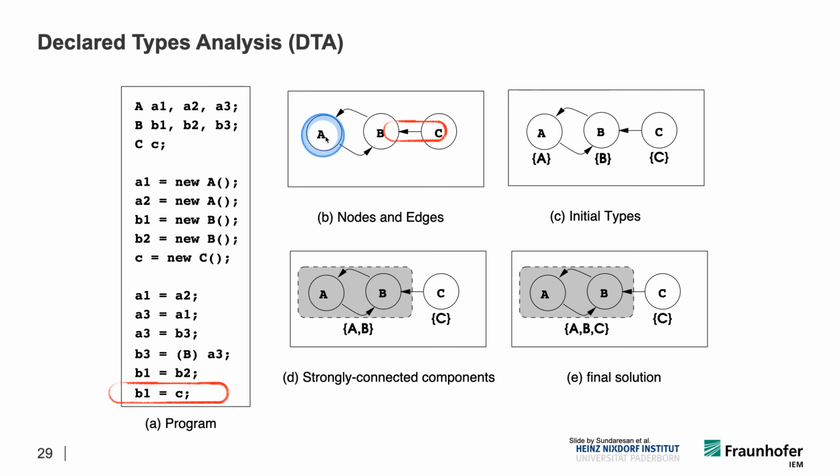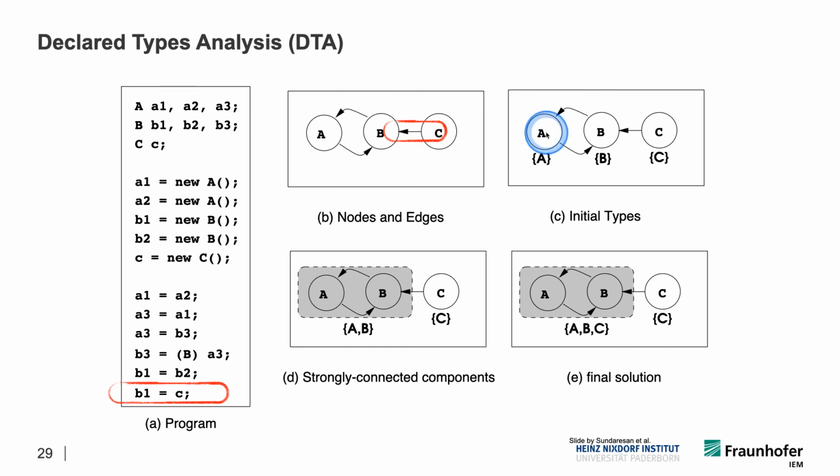And the rest is exactly the same. Again, we have these sets annotated here for the allocation sites. For these annotations we do look at the allocations, of course. So here we have this runtime type A being assigned to a variable of declared type A, which is why this A here is associated with this A node.